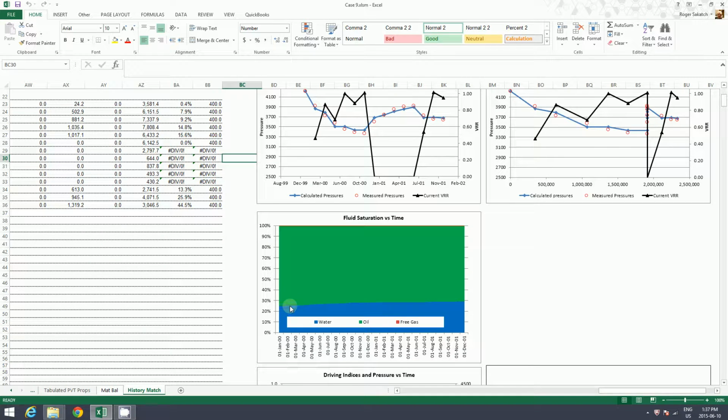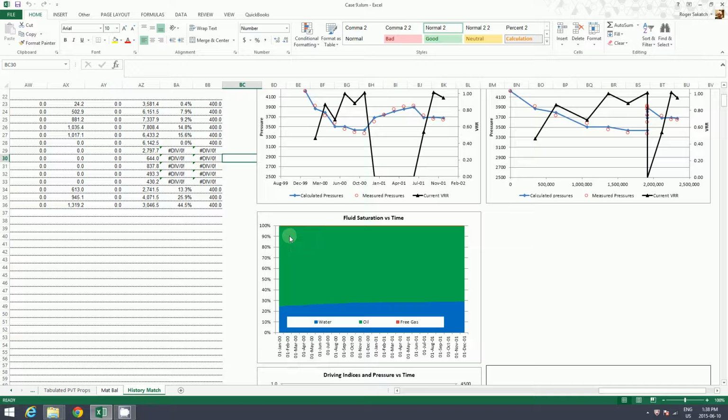If we go below down here, we can see a fluid saturation presentation, and it's relative to time also. And we can see that this shows the change in the fluid saturations within the reservoir over time. Initially, we're dealing with around 25% water saturation within the reservoir, and the remainder is filled with oil.